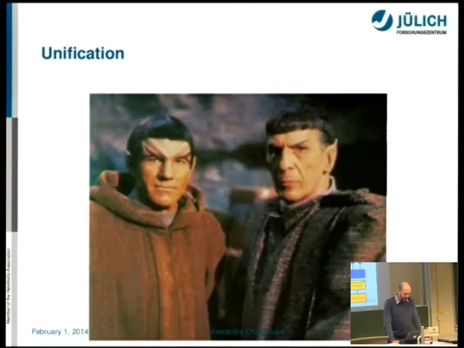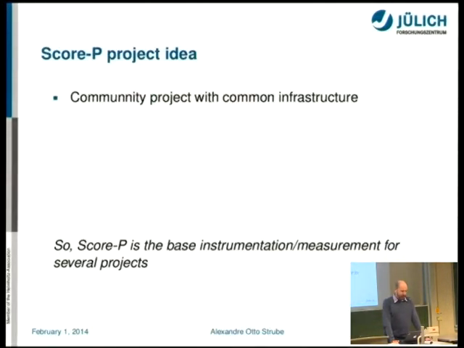So what we did, we called the Romulans and created something called Score-P. Score-P is essentially, actually we have the original developer of something here. Thanks for coming. It's a community common project where we took all this common infrastructure of all those tools, what we need, which is common for all of them, and are developing this together.